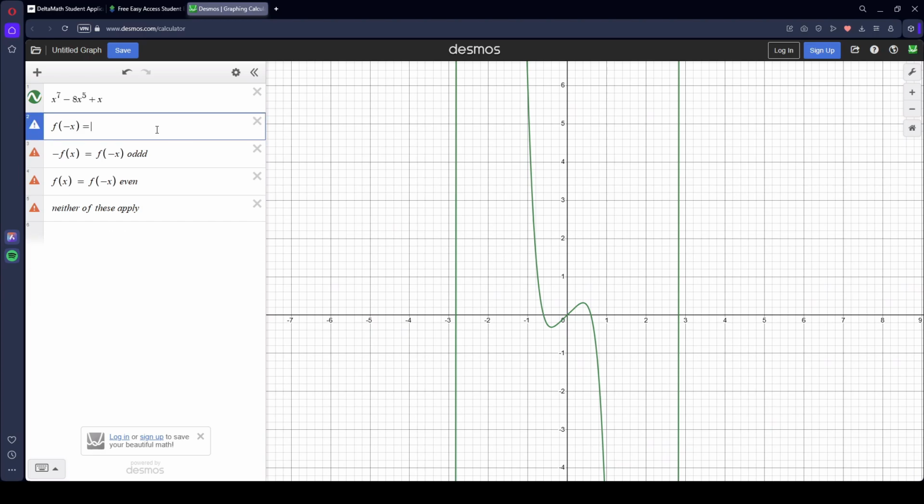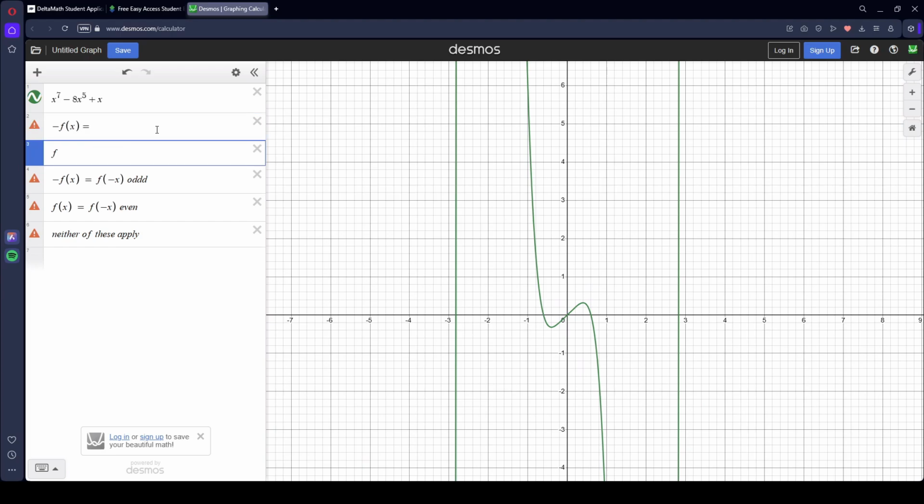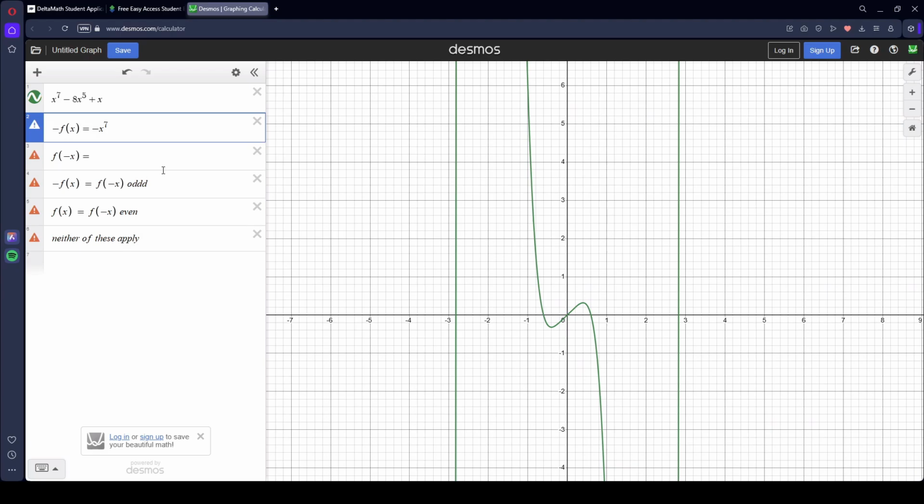No. I want to do negative x with x. Okay, negative x to the power 7 plus 8x to the power 5 minus x.